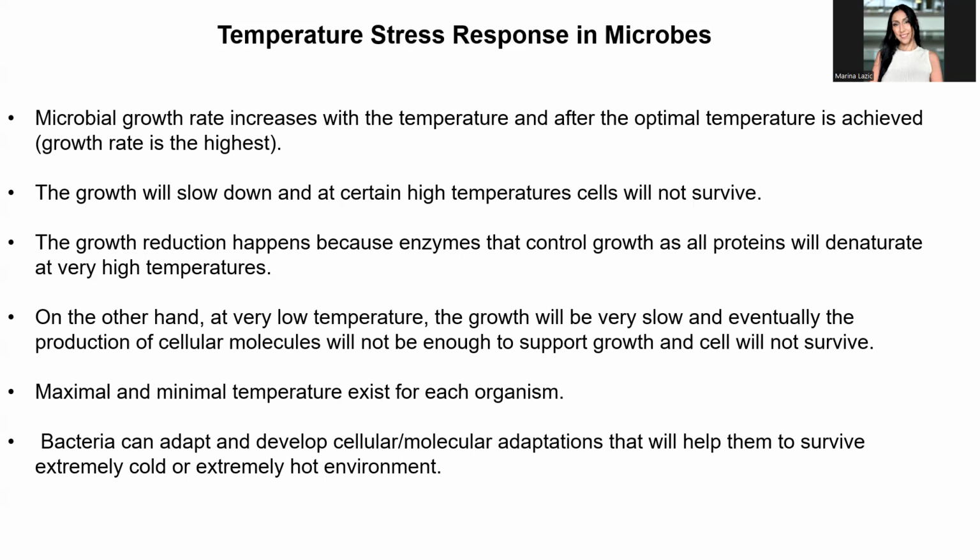So a maximal and minimal temperature of survival exists for each organism. That means your organism won't die immediately if you increase the temperature to 40 degrees and the optimum is 37. But if you go up to 80, then yes, because proteins will denature.